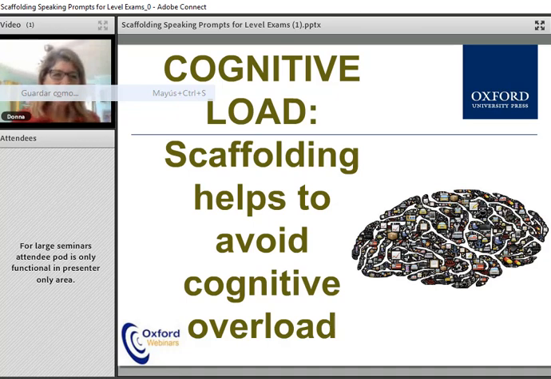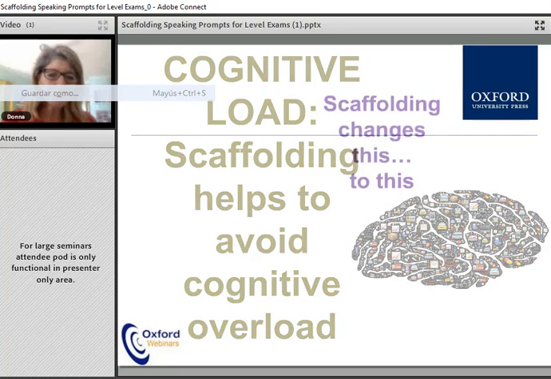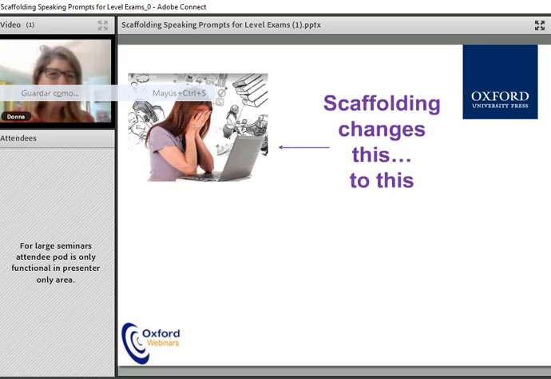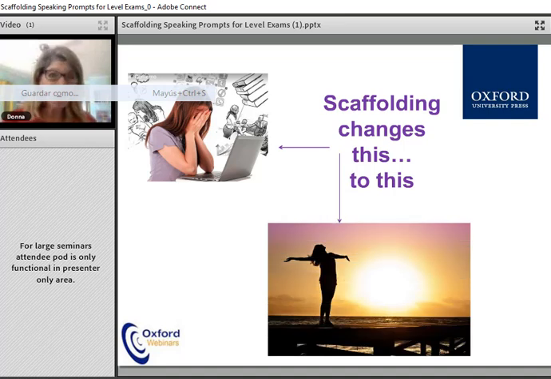So this is what scaffolding is. Very dynamic, interactive, the way you present the material. All right? So, as I was saying, scaffolding changes pure frustration to pure joy. And this is what we want to see with our students, right?